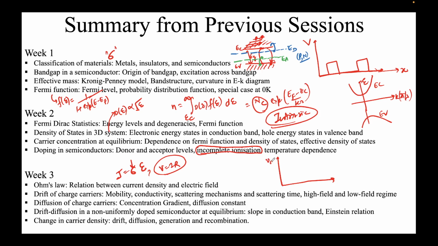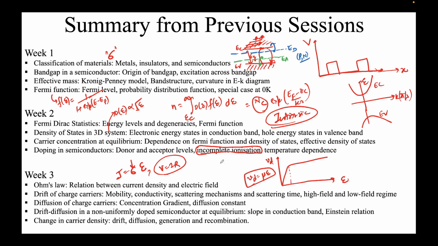Another concept, the mobility concept, we saw was the drift velocity. Drift velocity is how a mobile carrier moves when you subject it to an electric field. When we drew this, it came out to be something like this. At some electric field, the drift velocity saturates. And the linear region, called the low field regime, we called Vd equal to mu times E, right?